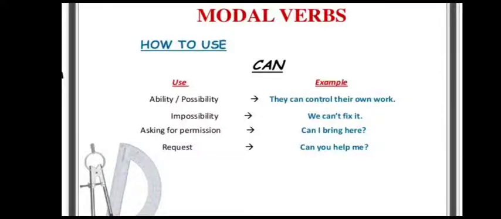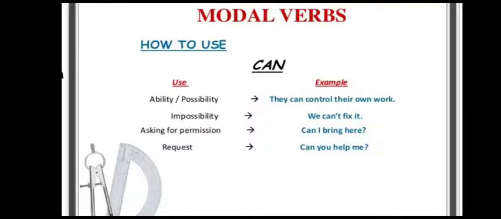Second, impossibility, we can't fix it. So can be used for both the things, ability as well as possibility or impossibility. Third, asking for permission. Here, can is used for asking permission.